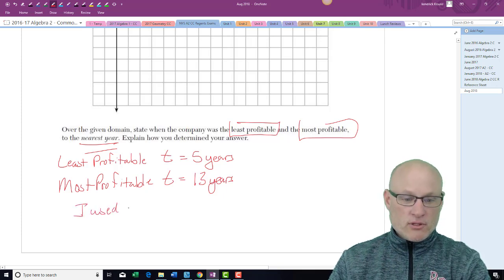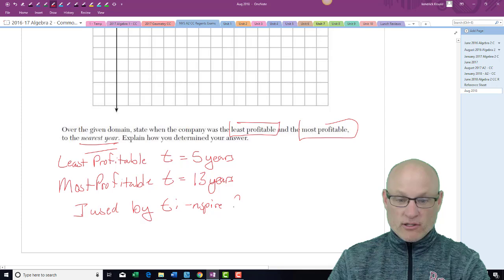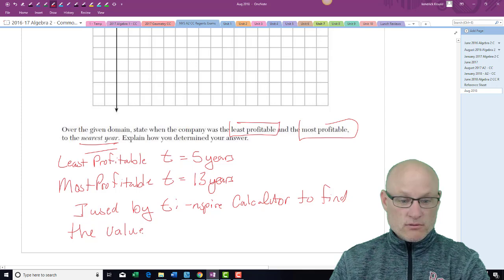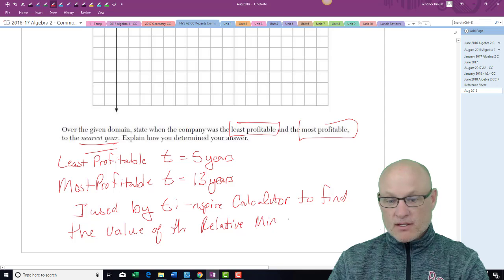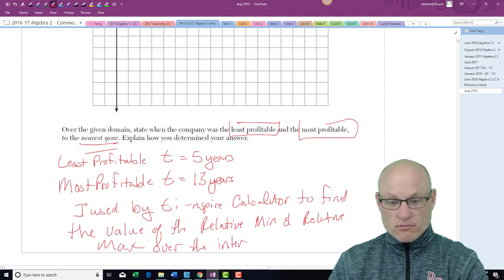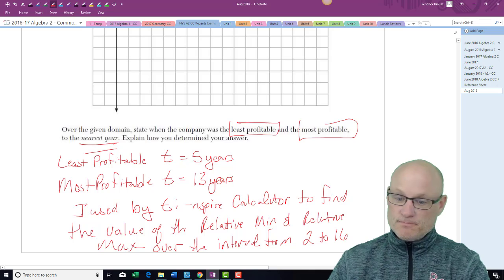I used my TI Inspire calculator to find the value of the relative min and relative max over the interval from 2 to 16. That's it.